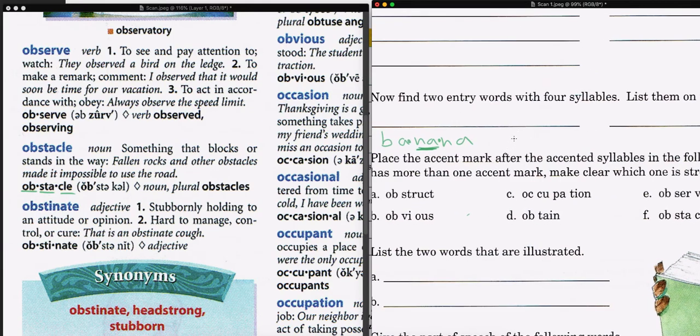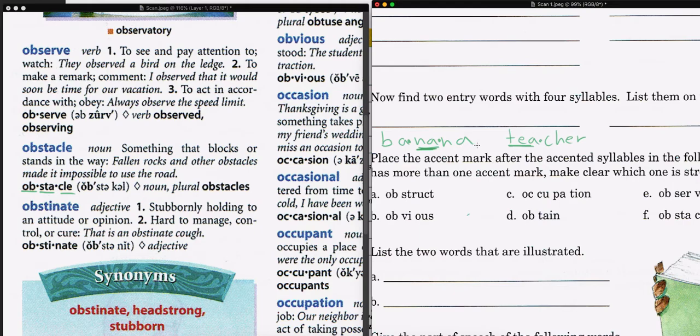So let's look at another example. The word teacher can be broken up into 2 syllables, tea and cher. But the one that we say louder is tea, right? We don't say teaCHER, we say TEAcher. So this is the accented syllable.